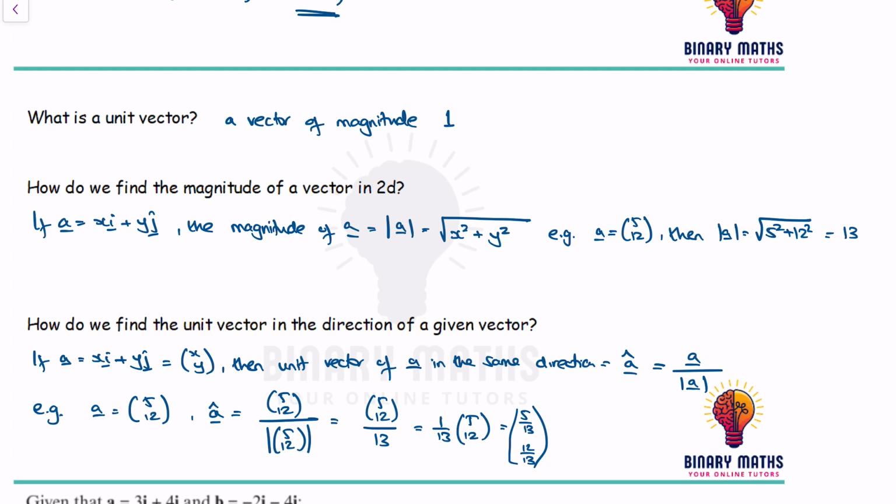So you can check if that has magnitude 1. So the magnitude of (5 over 13, 12 over 13) will be equal to the square root of (5 over 13) squared plus (12 over 13) squared, which is equal to 25 plus 144, which is 169 over 169, which is equal to 1.